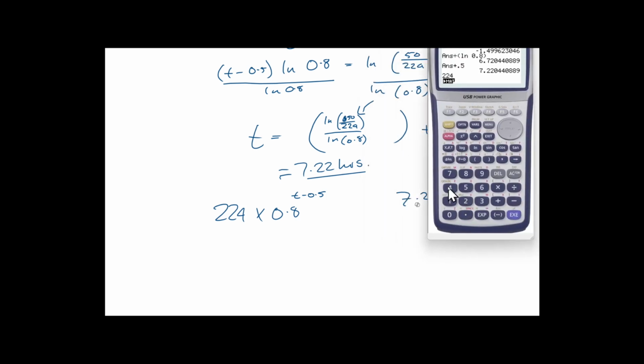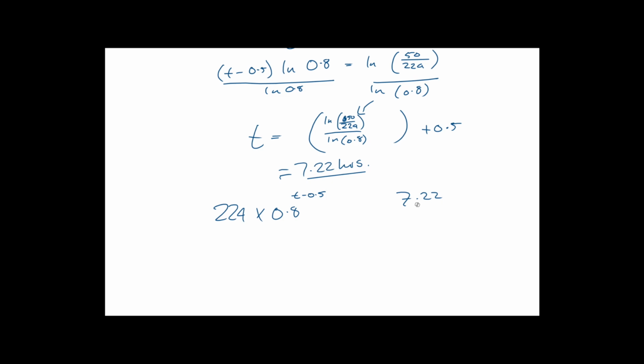So 224 times 0.8 to the power of 7.22 minus 0.5, those brackets, 50. Okay, yep, that works. So 7.22 hours.